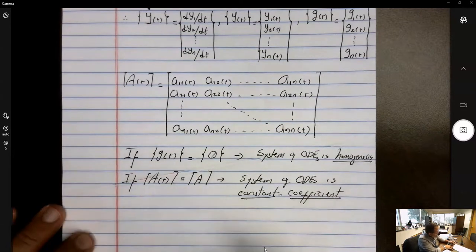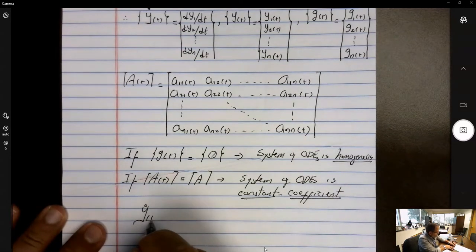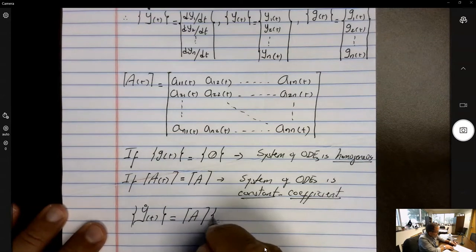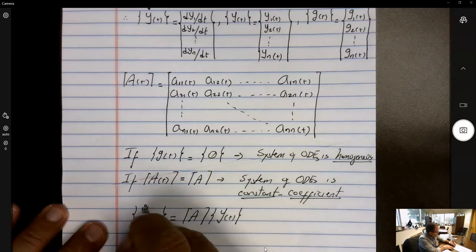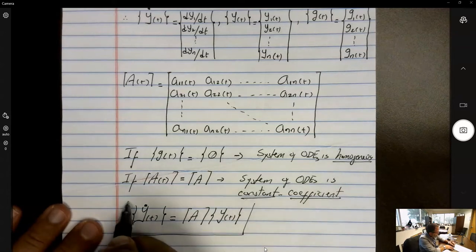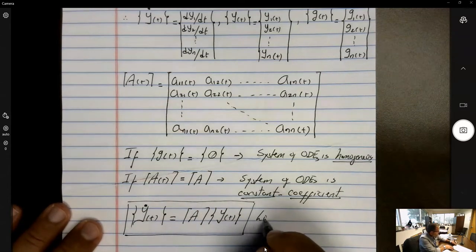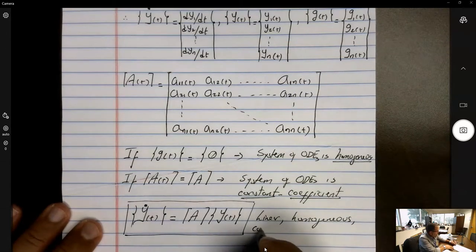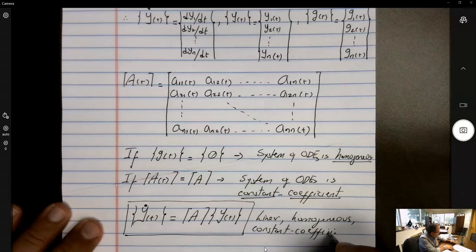And if that's the case, then we can express this as y dot is equal to A times y. And this is a linear, homogeneous, constant coefficient system of first order ODEs.